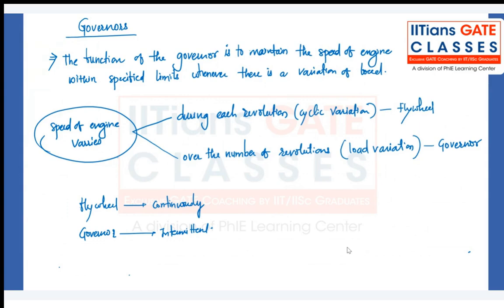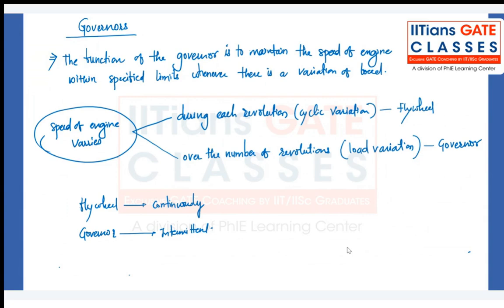The purpose is that when there is a change in the load, the speed of the engine will change, but we want to maintain the speed even though the load is changing, and that is achieved by means of the governor.